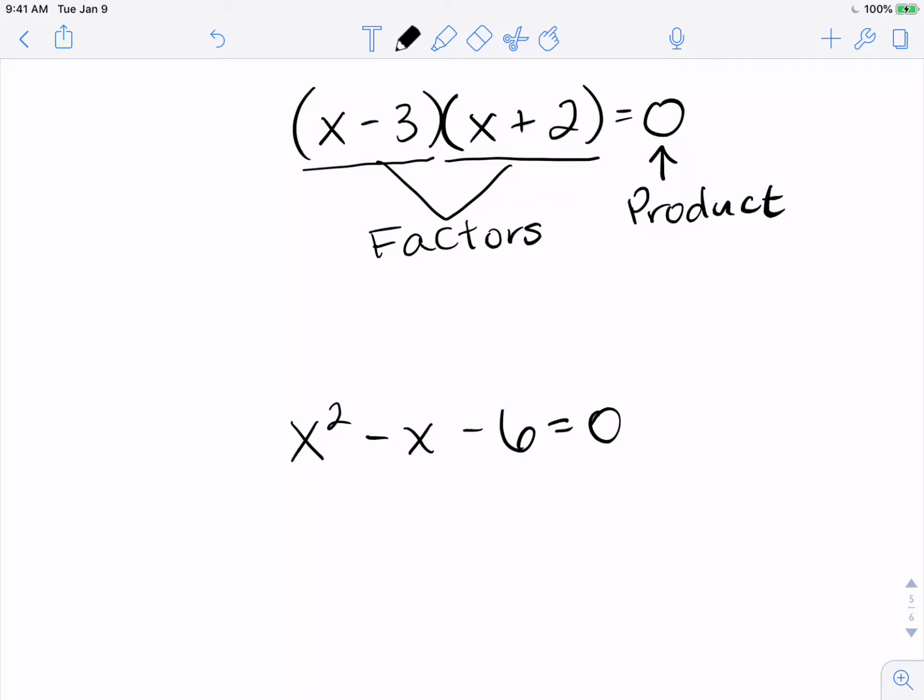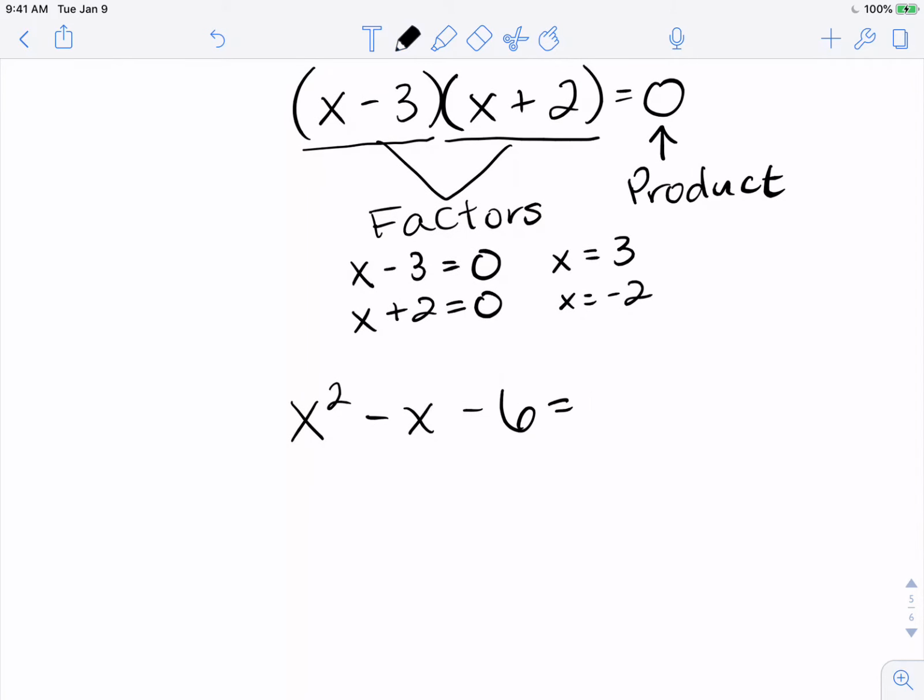All right, and remember that the factors are the things that multiply together to get the product. And when you can apply the zero product property, you can just set each factor equal to zero and then solve for x. Right?